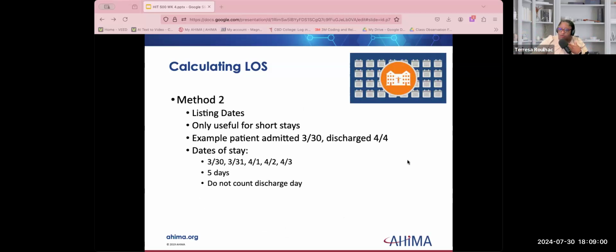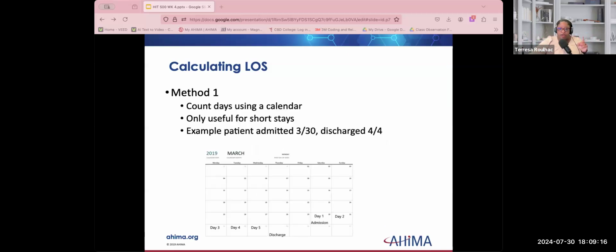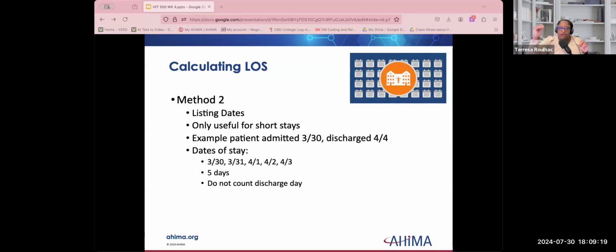They were discharged on 4/4. We're not calculating that day. That gives us 5 days. Again, we do not count that discharge day. So that's method 2. Method 1, pull out your calendar. Method 2, you write the dates down.